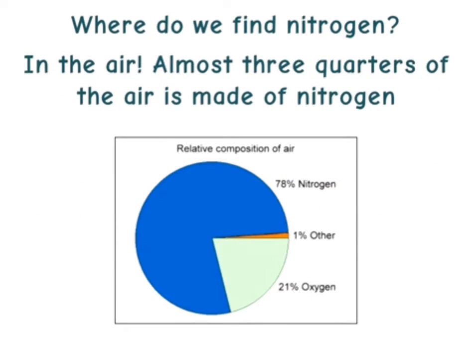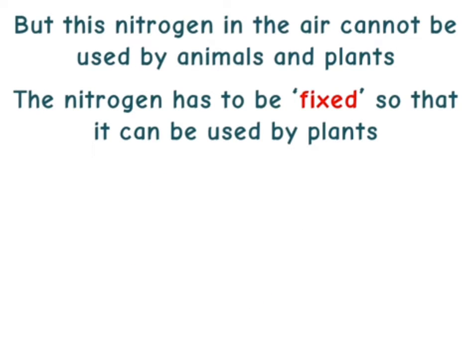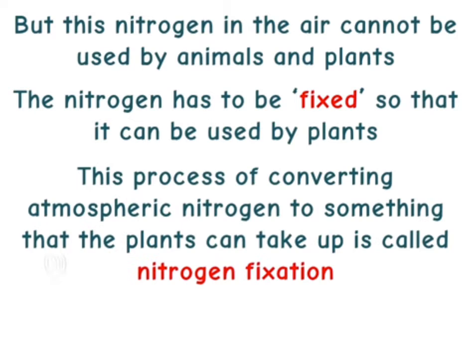Where do we find nitrogen? In the air. Almost three-quarters of the air is made of nitrogen. But this nitrogen in the air cannot be used by animals and plants. The nitrogen has to be fixed so that it can be used by plants.